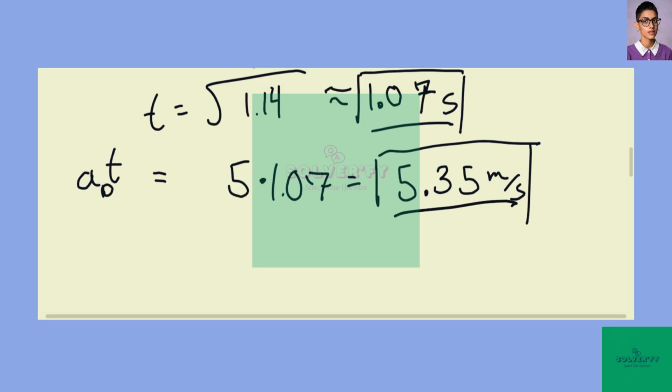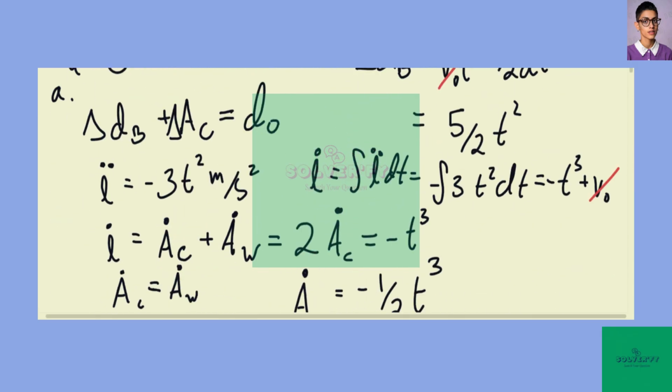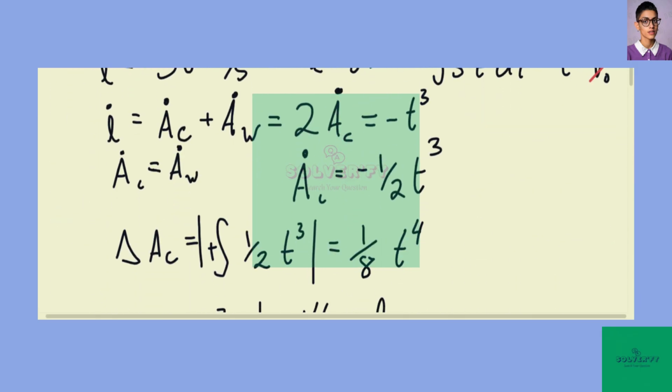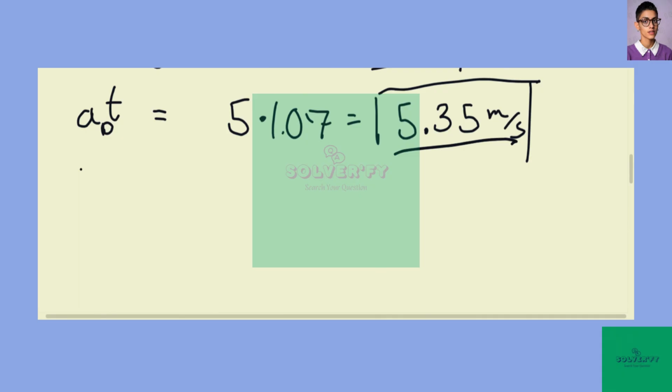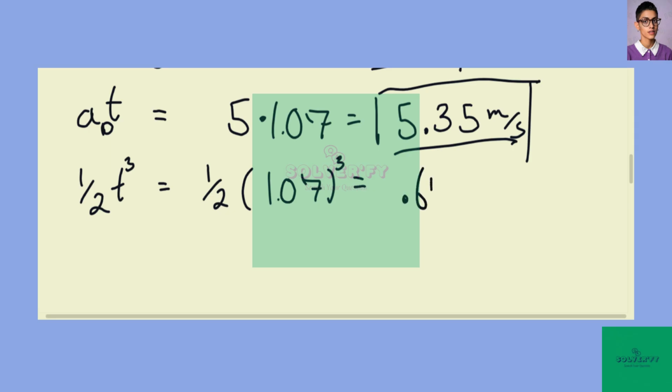For block A, the equation, if you'll recall, was a little more complicated. It was 1/2 t cubed. So this is going to be 1/2 t cubed for block A. So that's going to be 1/2 times 1.07 cubed, which is 0.5 times 1.07 to the power of 3, which is 0.613 meters per second.